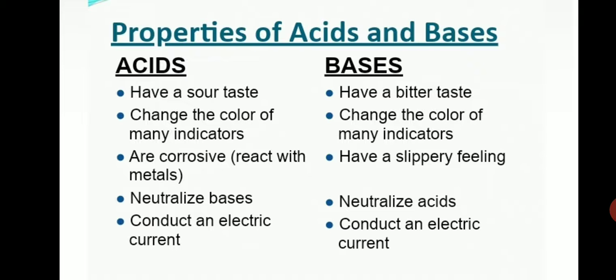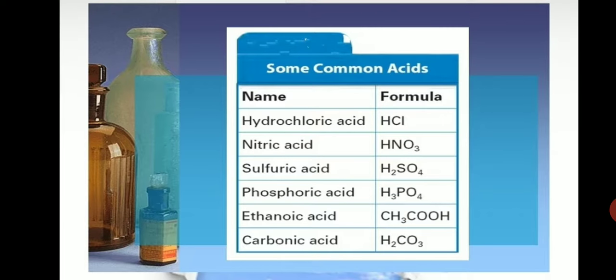Before discussing the question, let us look at what are the common acids. Some of the common acids you can look at in this table are hydrochloric acid, HCl, nitric acid, HNO3, sulfuric acid, H2SO4, ethanoic acid, CH3COOH, phosphoric acid, H3PO4, carbonic acid, H2CO3.